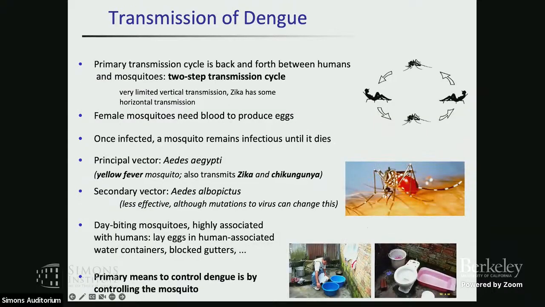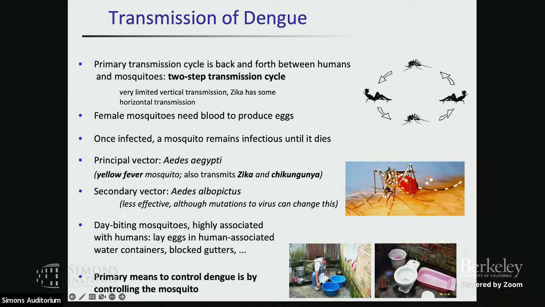And as I said, the transmission of dengue is a mosquito-borne infection, and to a first approximation, it only goes from mosquito to people and from people back to mosquitoes. So you have to have this sort of 2-step transmission cycle. And the reason that dengue is an issue, or the reason the mosquito-borne disease is typically an issue, is that female mosquitoes need mammalian blood, or blood at least, sorry, to produce eggs.